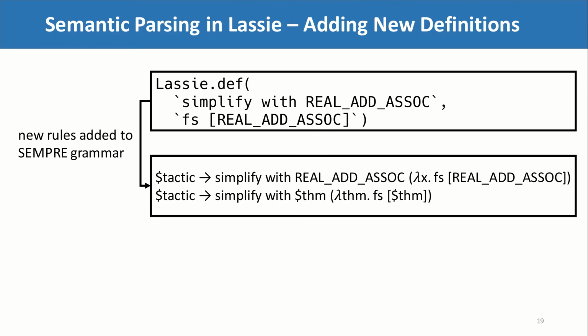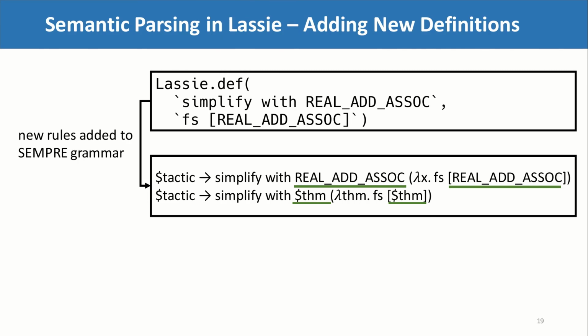The first rule just being the literal example we just saw, simplify with real add assoc, translates to fs with real add assoc. But if we look a little more closely, you see that the real add assoc is a grammar terminal which can be replaced by its non-terminal counterpart, Theorem. Thus, Sempre will add the second rule, simplify with Theorem as fs Theorem, into its grammar.